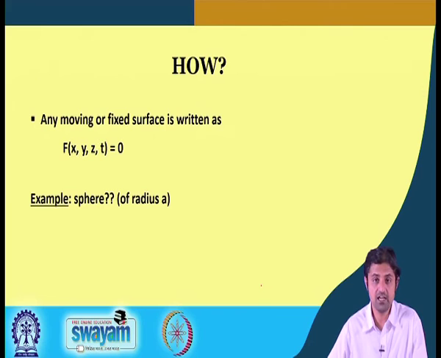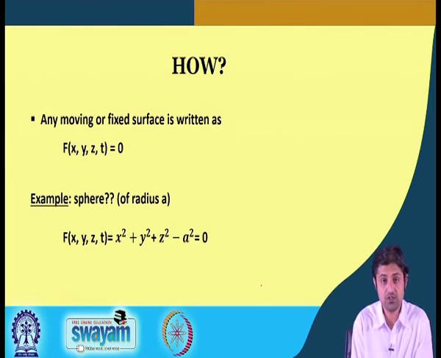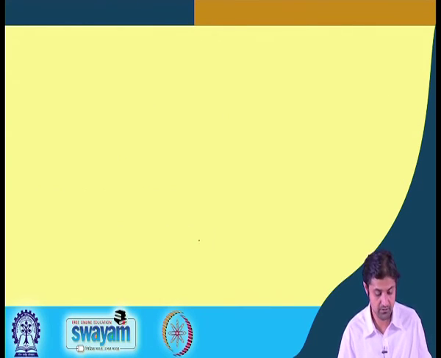So, let us take a real life example of a sphere. A sphere, let us say, has a radius a, so f(x, y, z, t) can be written as x² + y² + z² − a² = 0. Let us say this is the surface of the sphere.